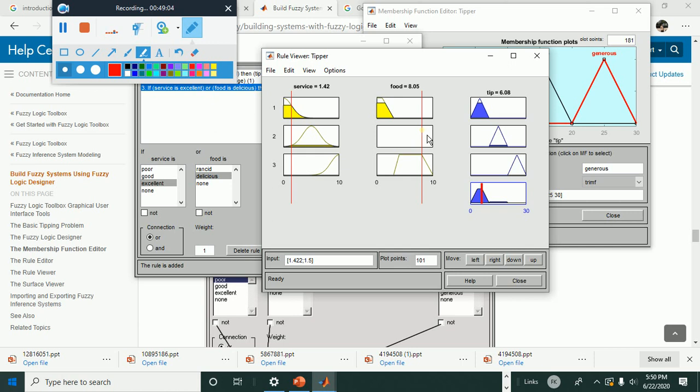And if food is good, service is not good, then it is somehow average. And if both are good, then we have very high tip. So this is the fuzzy logic.